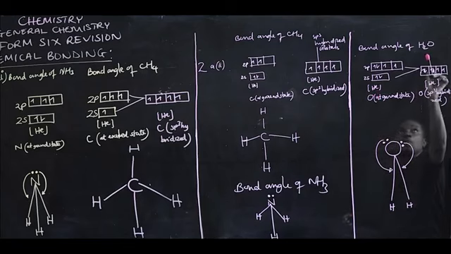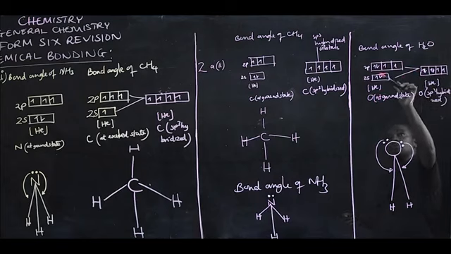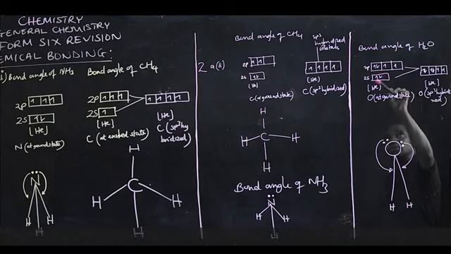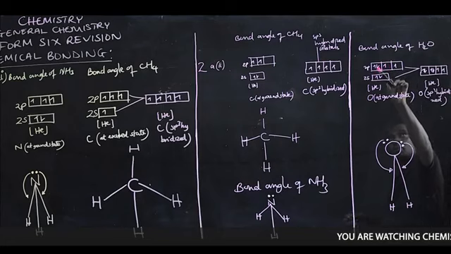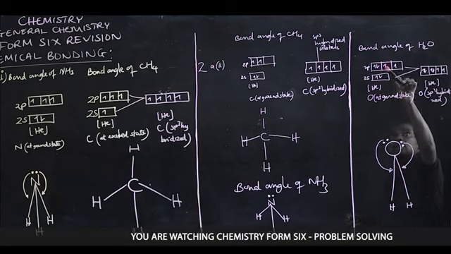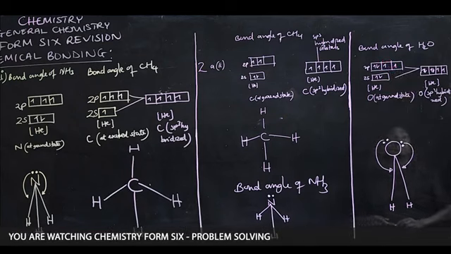And for the water molecule, oxygen is the central atom, which has one pair of electrons in the s orbital, and in the 2p orbital there is one pair of electrons and 2 unpaired electrons.